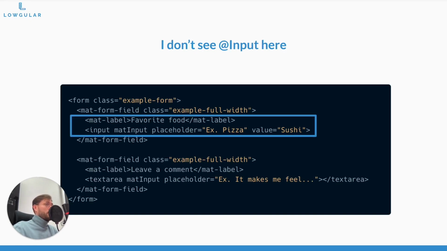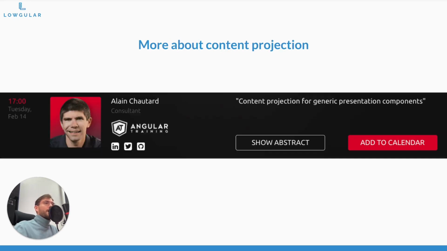I don't see inputs here. They allow displaying mat label but also native inputs, and I can add more than one element. But I don't want to go deep into this topic, because fortunately today you will have a chance to learn more about it.